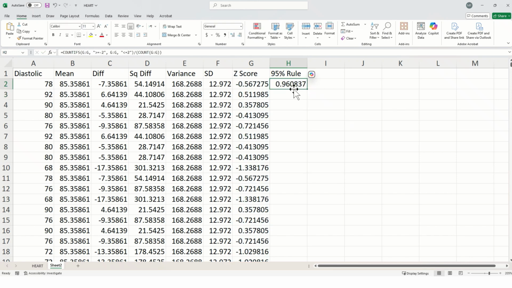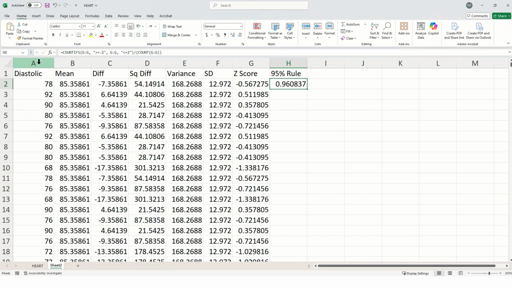Okay, so it is now calculating all the values in column G which are 2 standard deviations above and below the mean, divided by the total count. So we see that almost 95% of all these values are between -2 and 2 standard deviations, or 2 standard deviations above or below the mean.